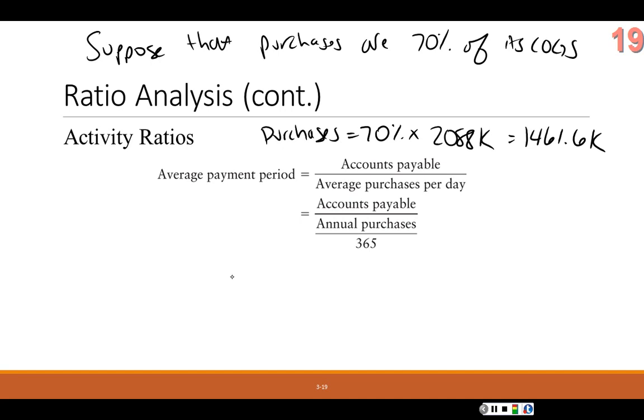So we can calculate this for Bartlett Company. Accounts payable is $382,000, and accounts payable is found on the liability and equity side of the balance sheet. We divide that by our purchases over 365.